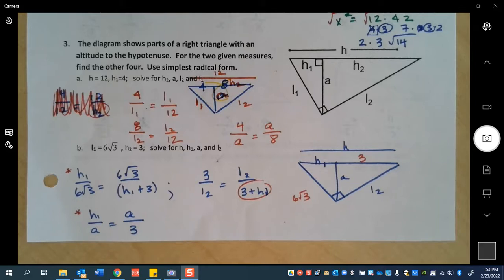Once I solve for H1 here, I'm going to use that value to solve for my altitude. Once I solve for H1 here, I'm going to use that value to solve for L2. The application of these properties is definitely fairly tricky.